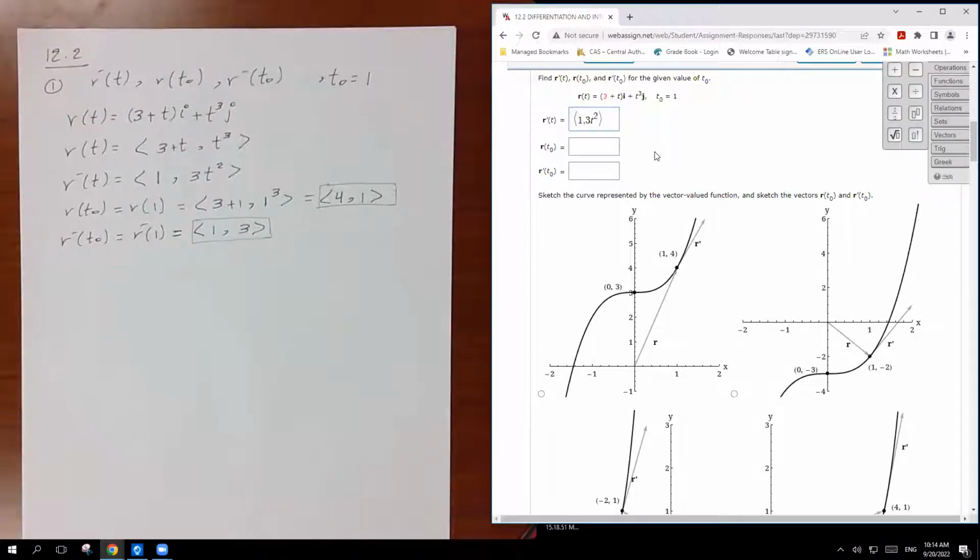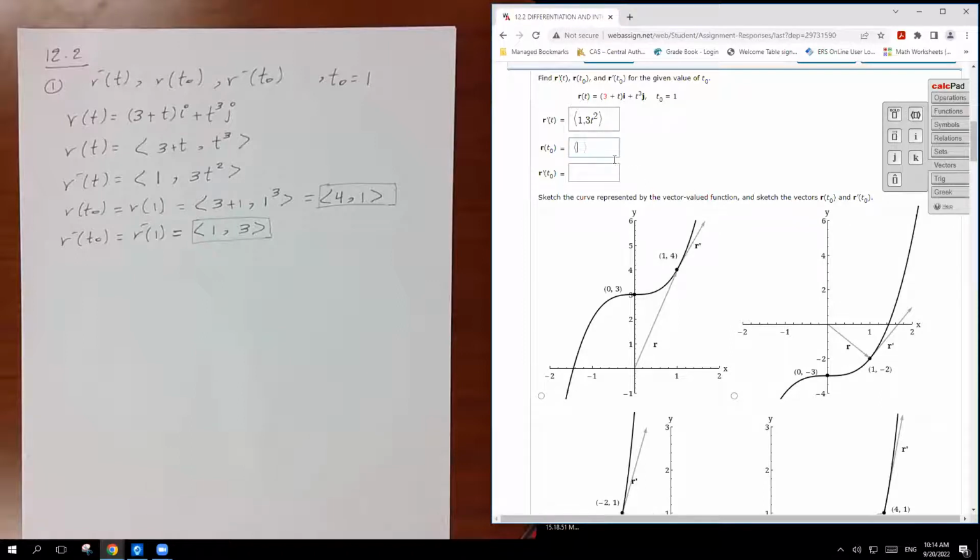And r of t naught is 4, comma 1. And here it is going to be 1, 3.